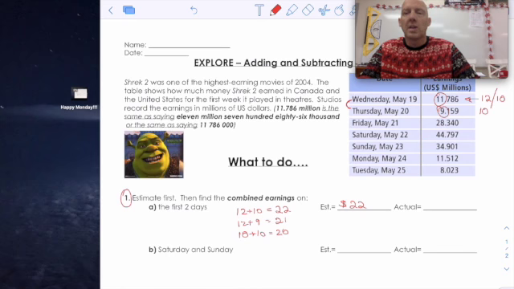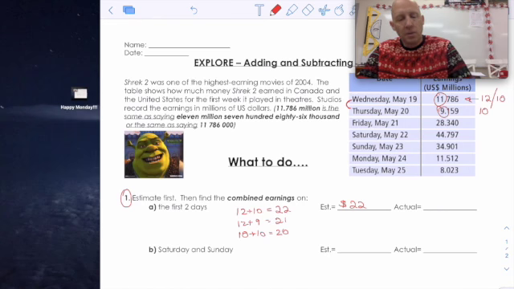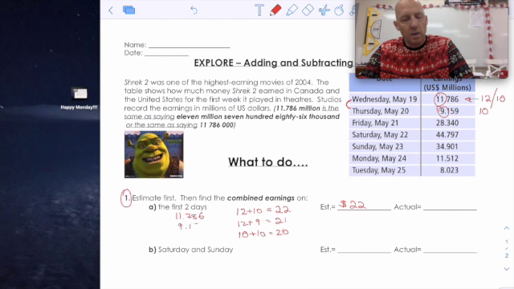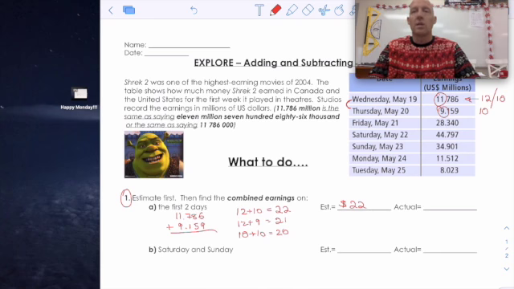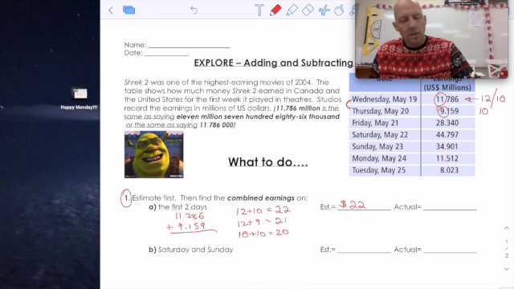So now let's do the actual, and we will see which way of estimating was the closest to the actual. So now I'm going to, with some space on my paper here, take 11.786 and add that to 9.159. I'm going to add those together just as we looked at earlier. Okay, so 6 plus 9 is going to be 15.